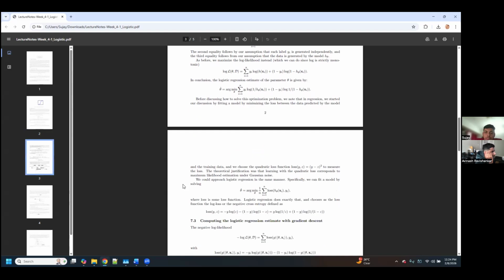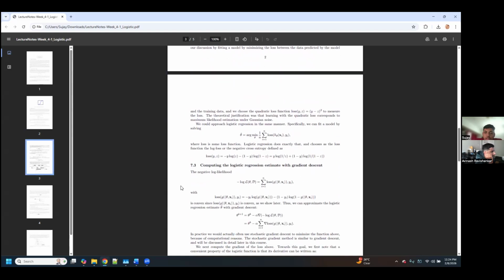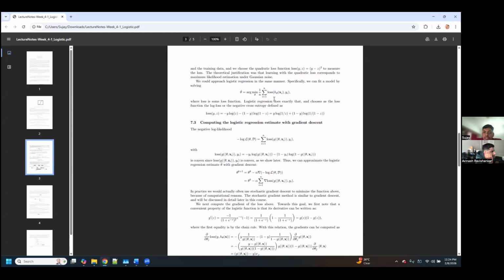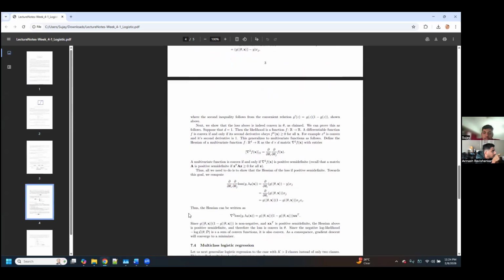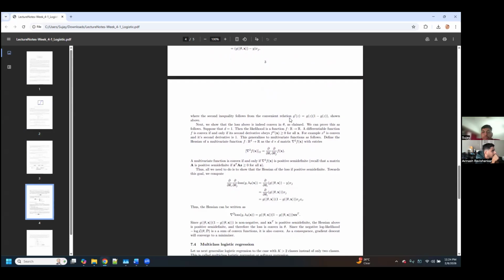And they have written it in a slightly fancy way that you are minimizing 1 by n summation of some loss function. That loss function is a formula like this. Then you apply the formula for gradient descent, you get this, and then you have to show that this is actually a convex problem, so that the local maxima will be the global maximum.